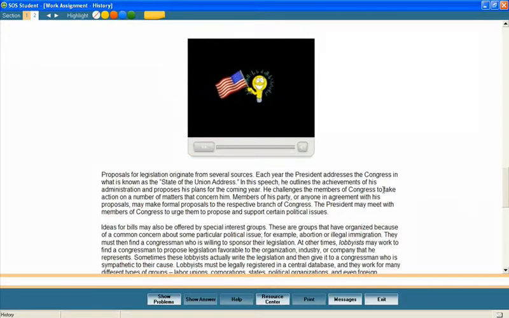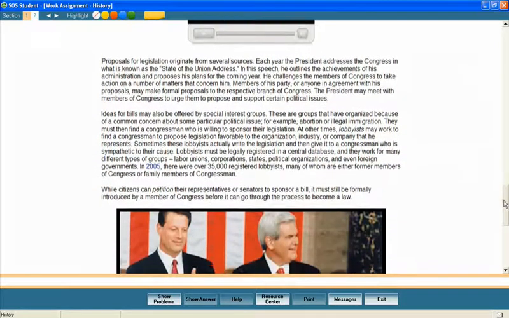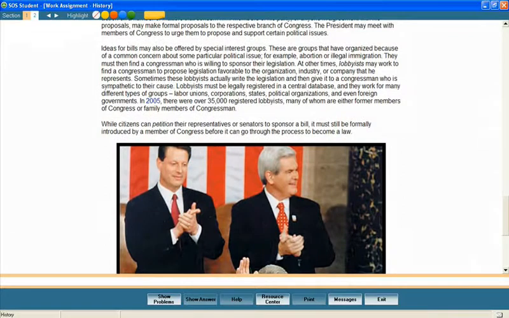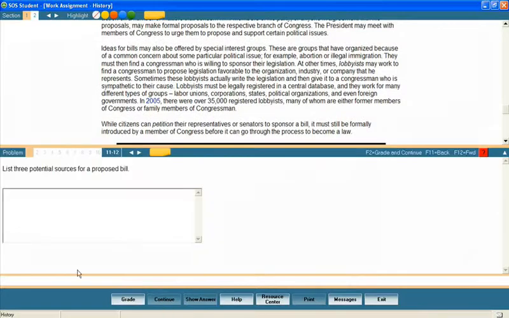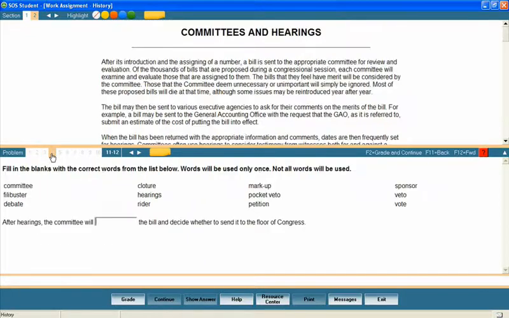At the end of the lesson, your student is presented with a series of questions that provide a review of lesson content. If the lesson contains multiple sections, after completing section 1, the student continues to the next section, reading the text-based instruction and answering the remaining questions. Questions are presented in a variety of formats.